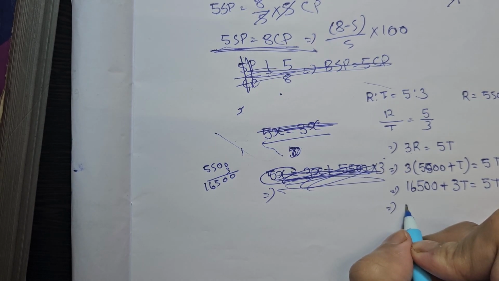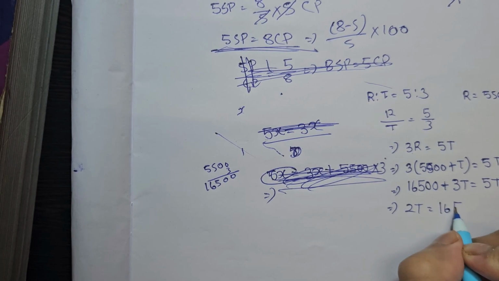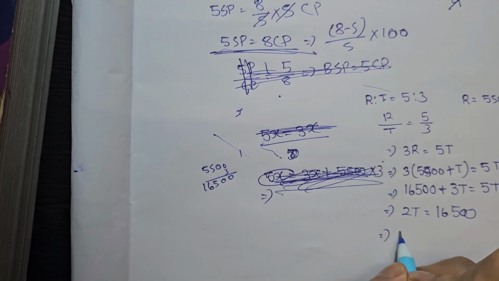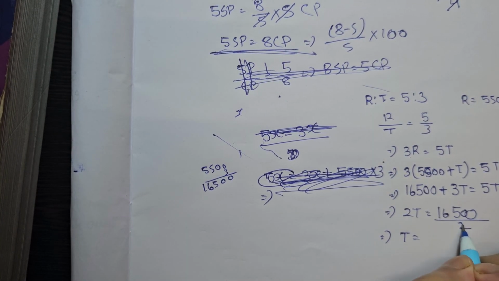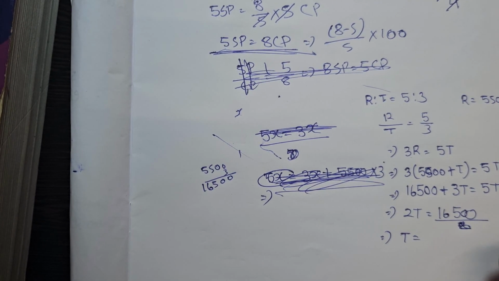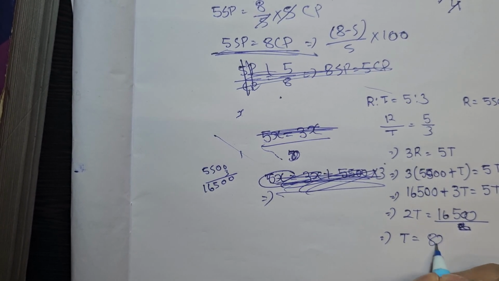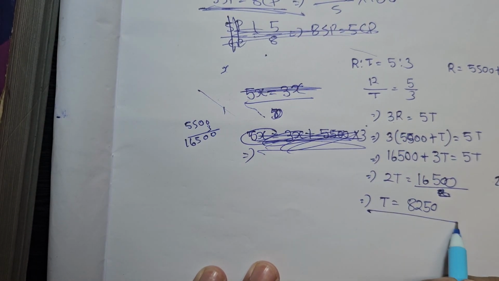It would be 2T equals 16,500. Minus will cancel out each other, so T is going to be 16,500 divided by 2, right? So it would be 8250. But notice it is the price of the television set.